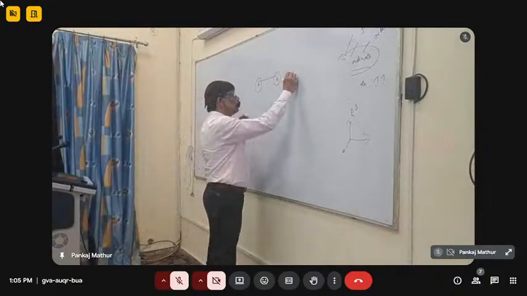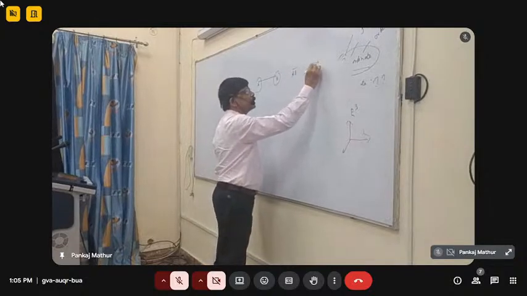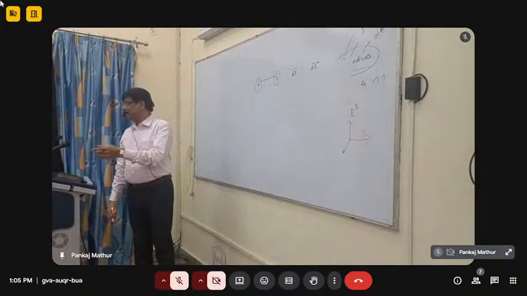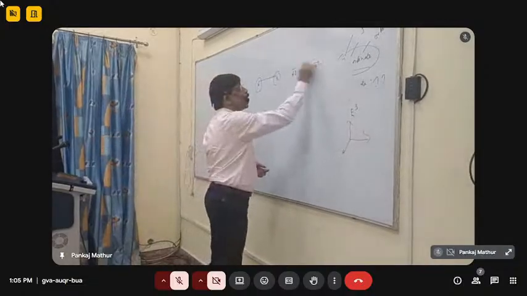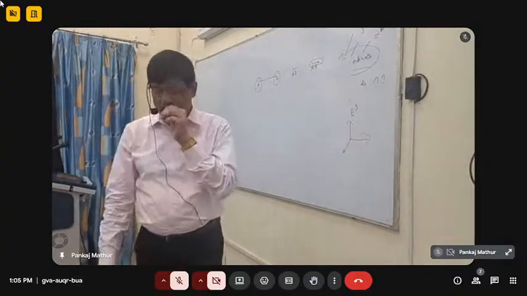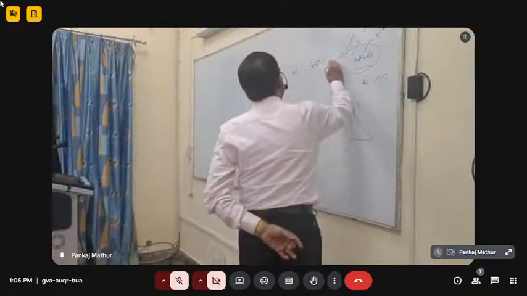Sometimes this can be written with a direction arrow, but when we say that AB is a vector, there must be a direction, so there is no need for this arrow sign. And the modulus of a vector is denoted by |AB|.